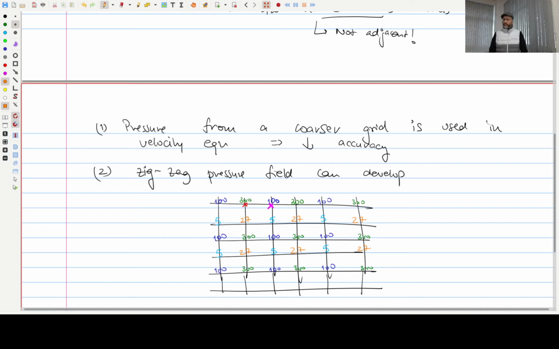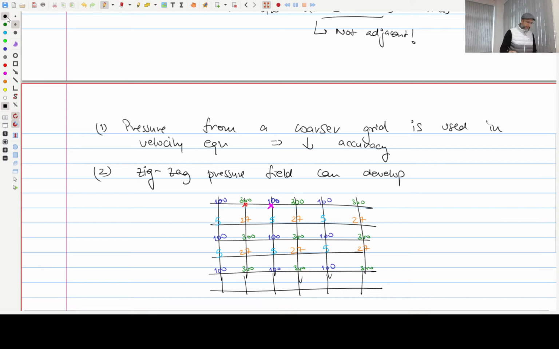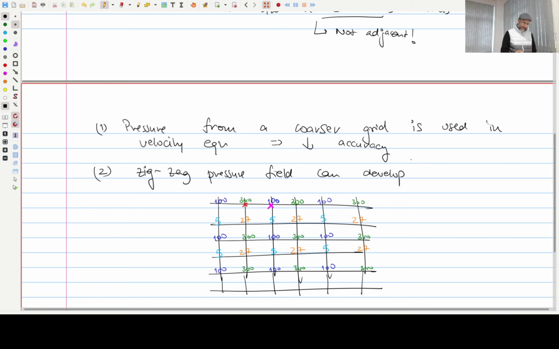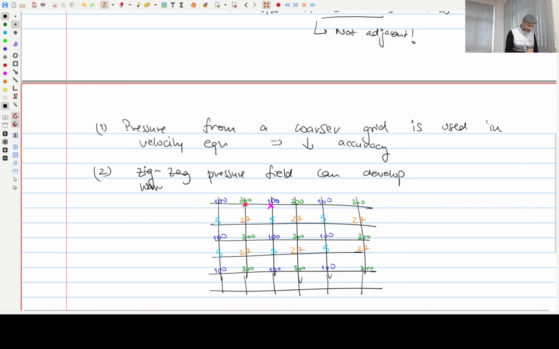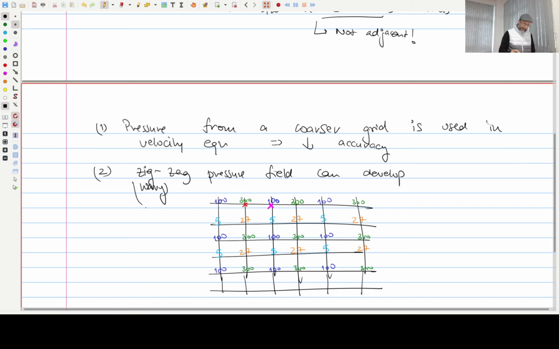Agreed? So this is the problem. This zigzag pressure field or wavy pressure field can develop.